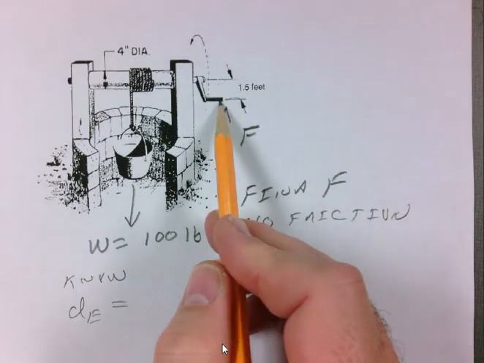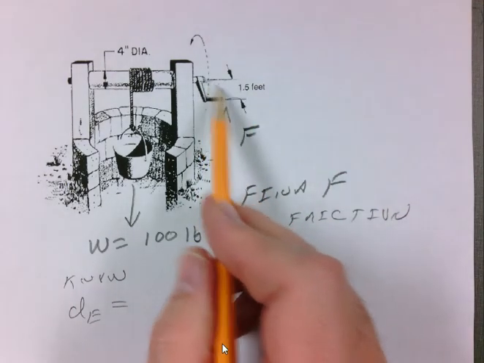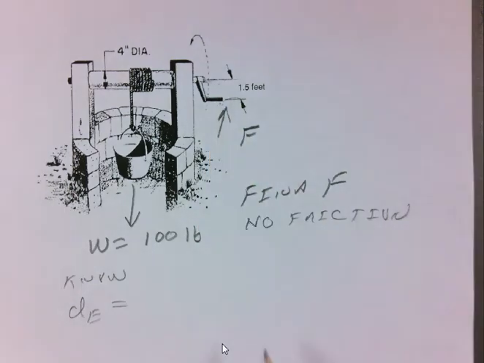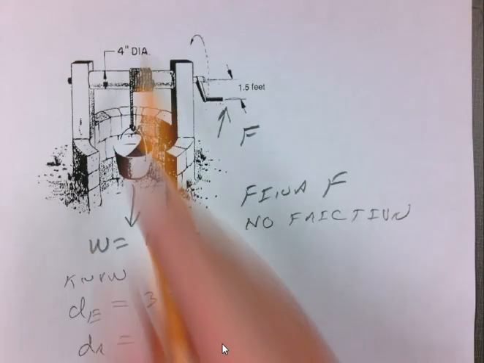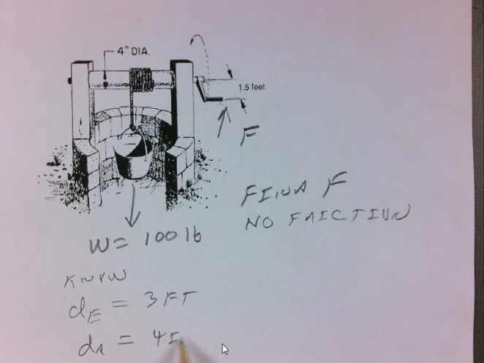That is a radius because the line calls it out from here to here. So what is our actual number for our diameter? Should be 3 feet. And our dr here is, and you see that specifies a 4-inch diameter, is 4 inches.